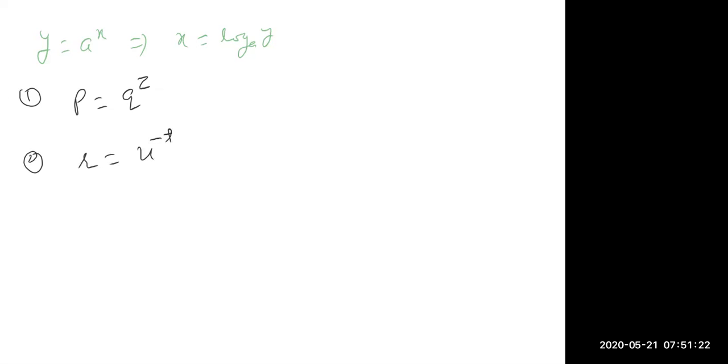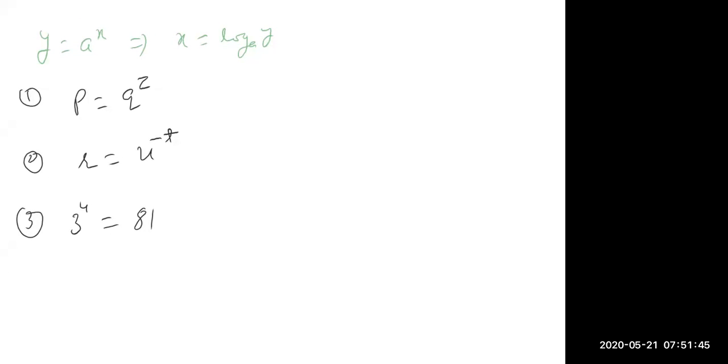Now convert them in log form. Third question: 3 raised to power 4 is equal to 81. Write these 3 questions in log form.